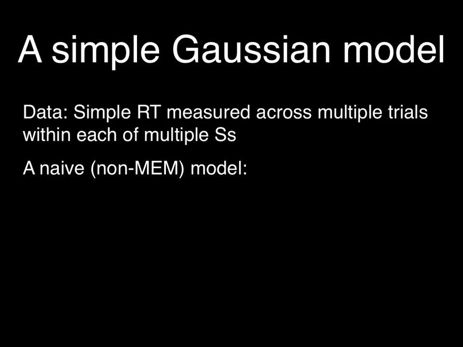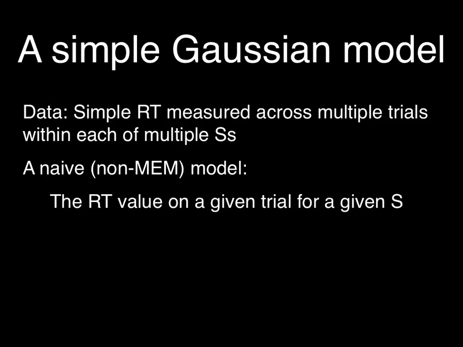A naive, non-mixed effects model of this scenario would simply say that the reaction time value on a given trial for a given subject is determined by this equation: grand mean, so the mean across all subjects and all trials, plus error.